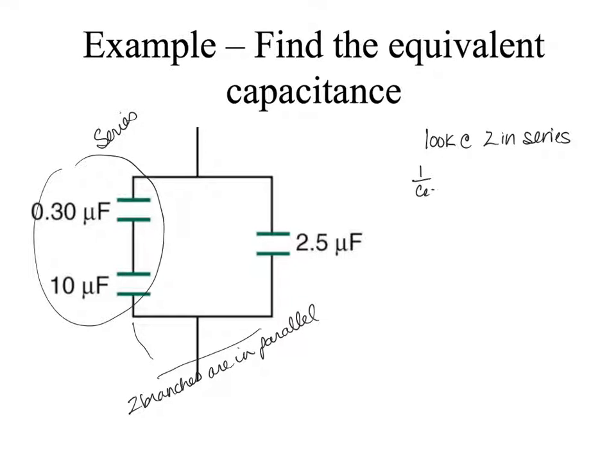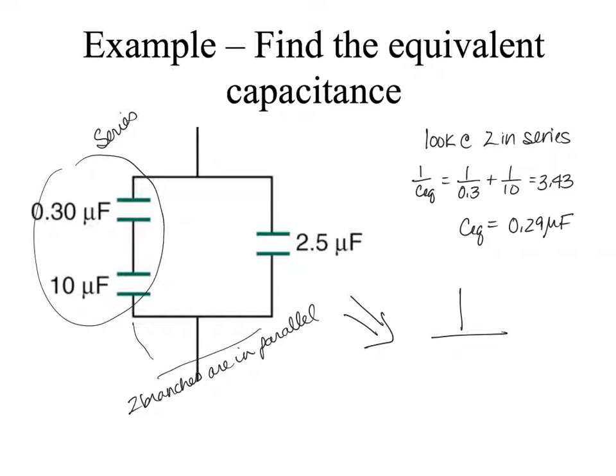The equivalent of the two that are in series can be found by taking 1 over 0.3 plus 1 over 10. If we do that math, we find that this is 3.43, and if we take the inverse of that, it gives us an equivalent capacitance of 0.29 microfarads. So what we've done is change this combination of capacitors to look like just two that are in parallel with each other, the 2.5 microfarads and the 0.29 microfarads.